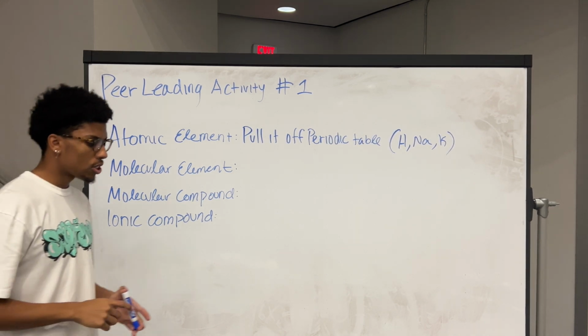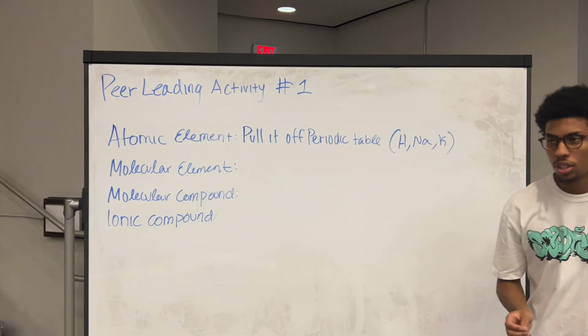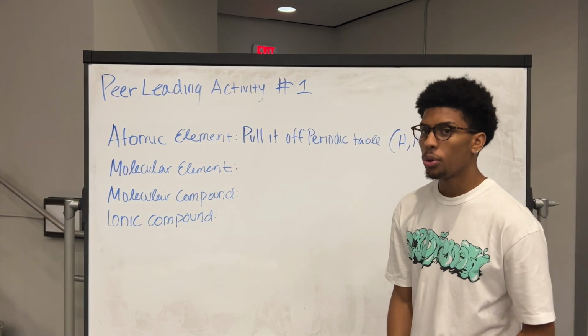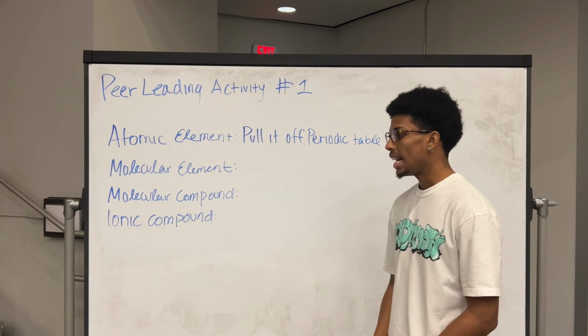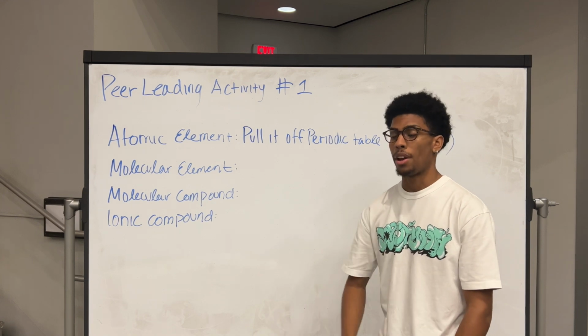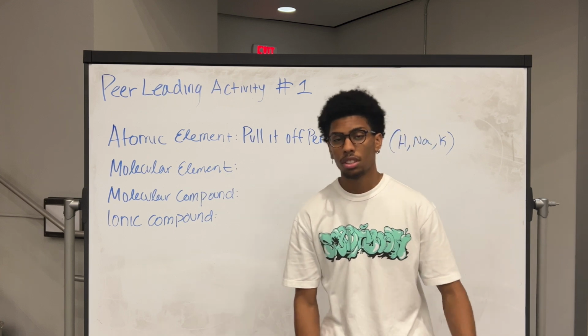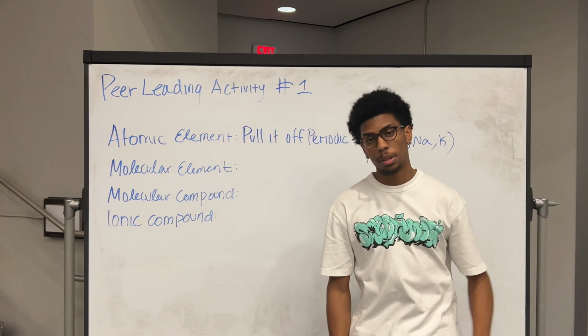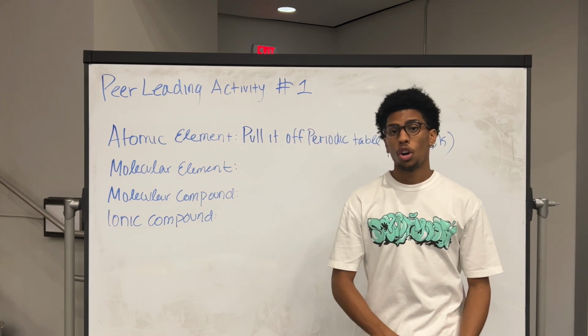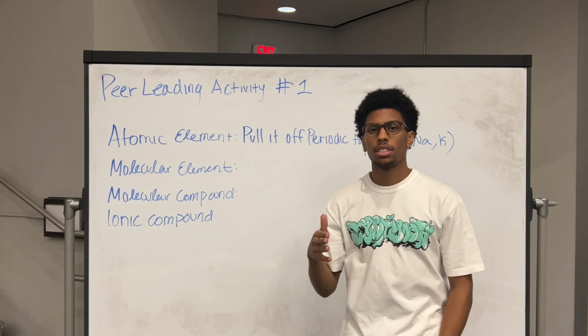Now, molecular versus ionic. This is very important to understand. For something to be characterized as ionic, it needs 2 things. It needs a metal and a non-metal. A metal can be found all the way on the left side of the periodic table, all the way to right before your metalloids.